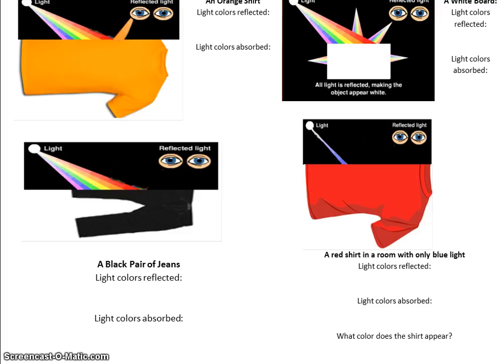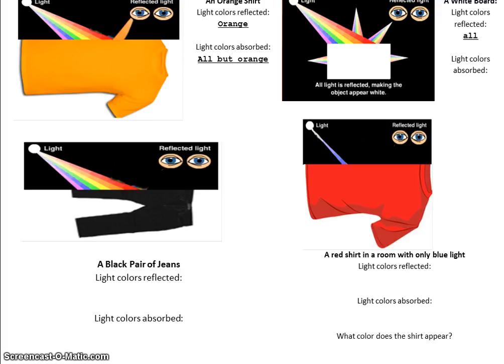So a little practice with this concept. If we have white light and it hits an orange shirt, the color of light that's reflected is orange. That's why we see that shirt as orange. And all the other colors of light, red, yellow, green, blue, and violet light, are all being absorbed. If we have white light hitting a white board, all the colors of the light are being reflected to our eyes.